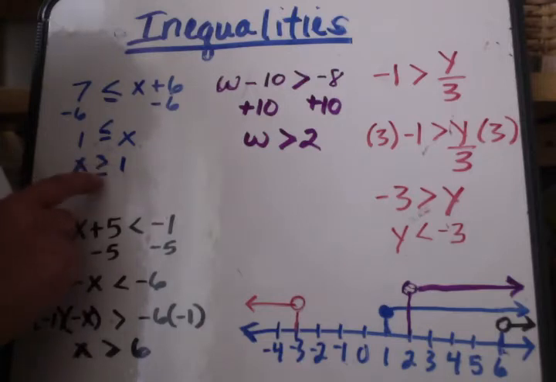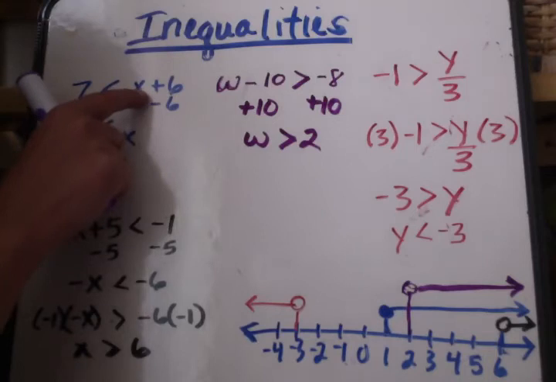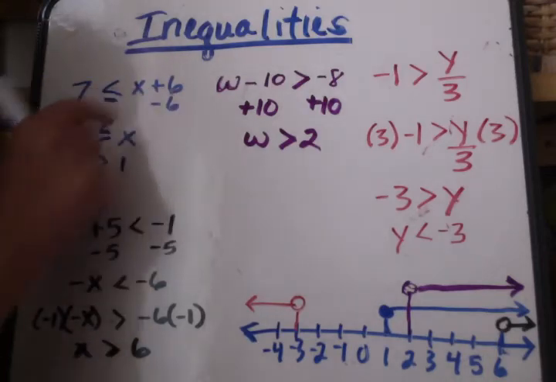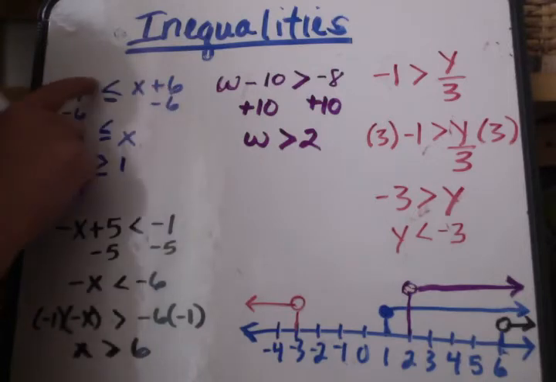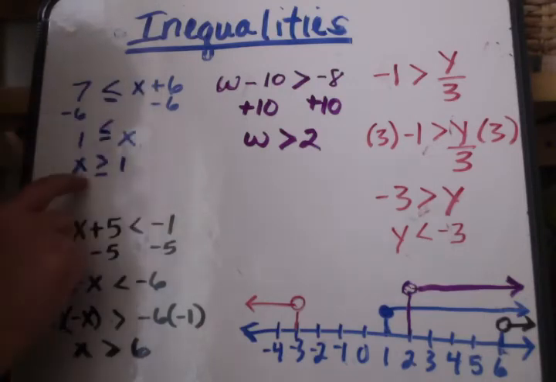And let's see what this means. So if I say x equals 1, I go back to my original equation of 7 is less than or equal to x plus 6. And I'll say here 1 plus 6 is 7. So 7 is less than or equal to, 7 equals 7. If I say x equals 2, because here it says x is greater than or equal to 1.